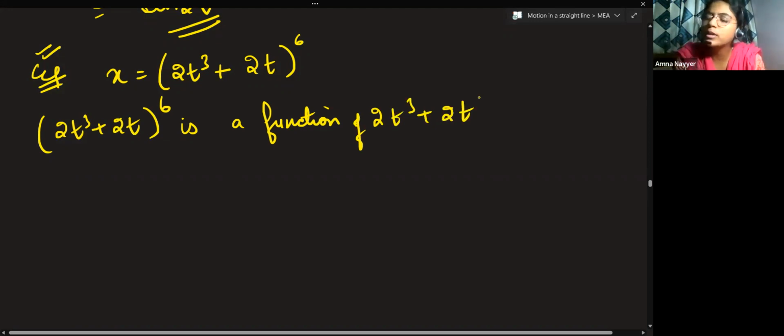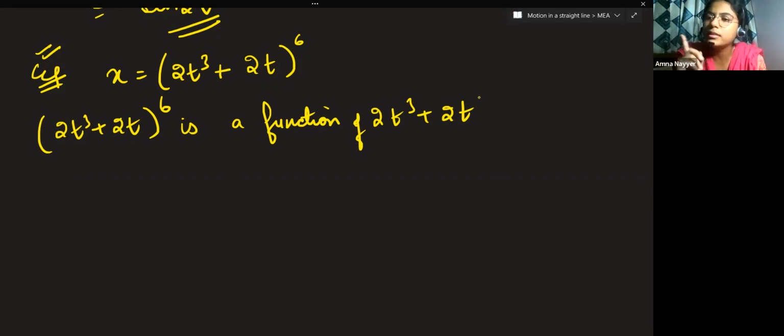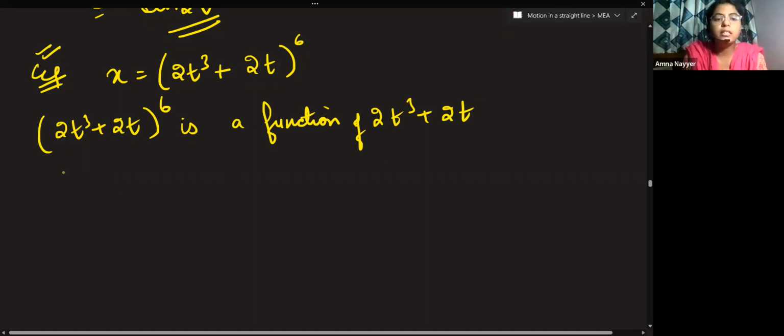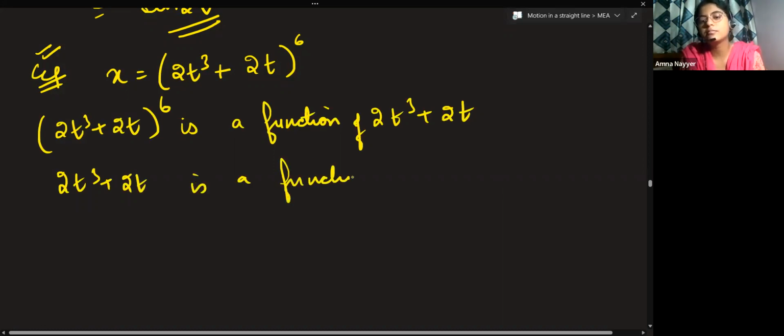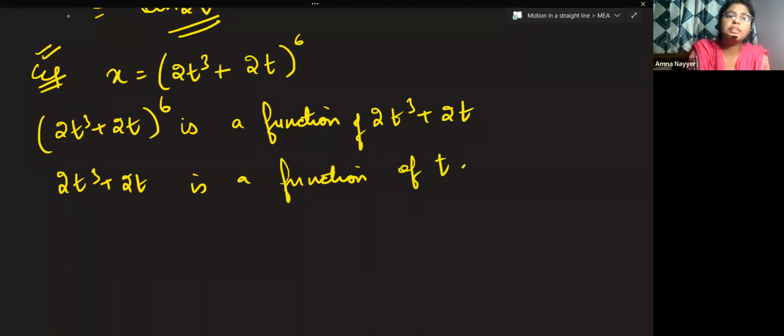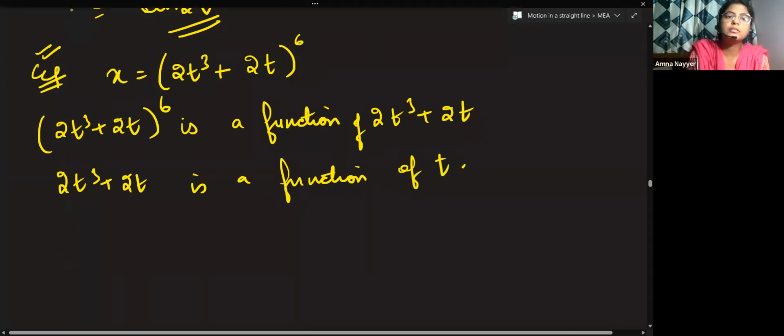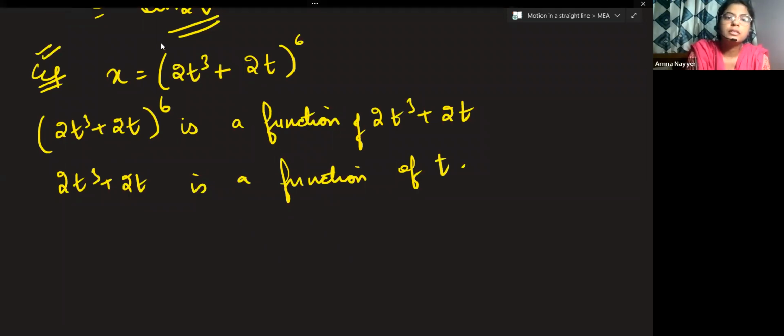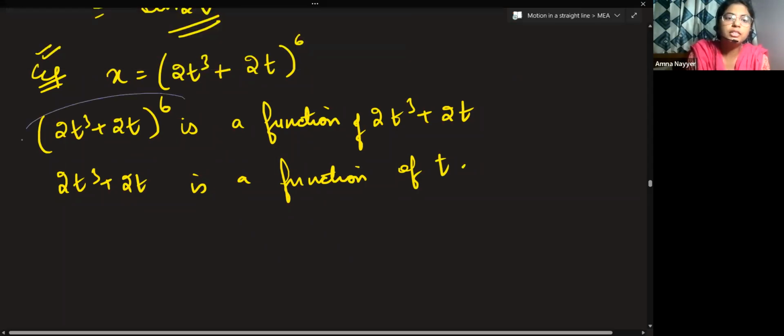You know how to solve it. So 2t cube plus 2t is your one function. And again, apart from this, 2t cube plus 2t is a function of t. So you have to differentiate first this, and then differentiate this, and take the product of it.